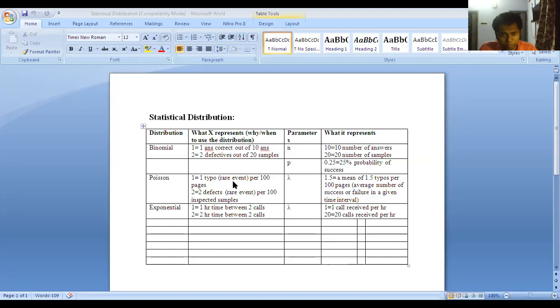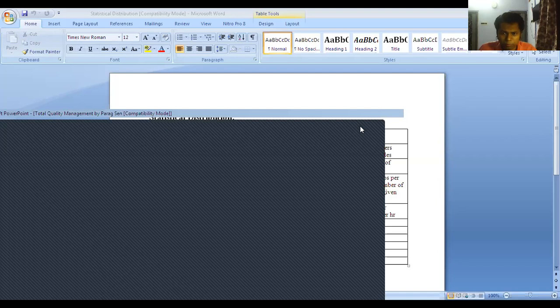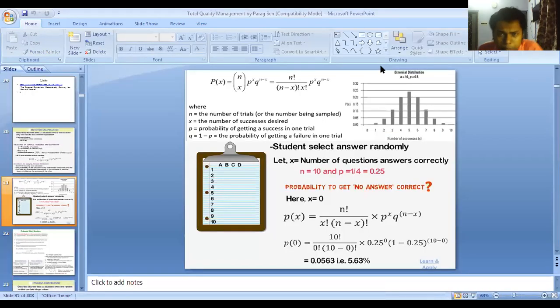If we see the Poisson distribution, I'm showing you the Poisson distribution. Yes, this is the Poisson distribution.